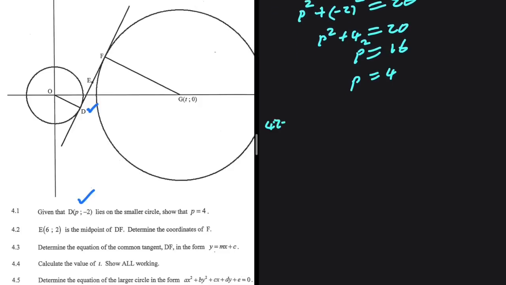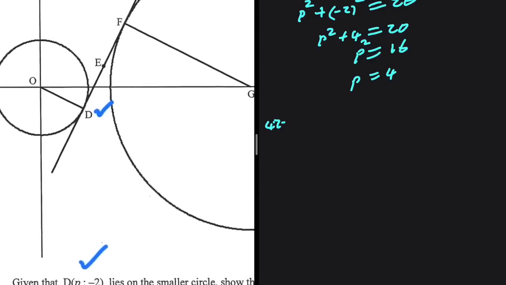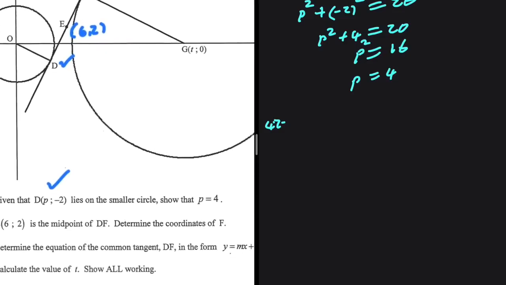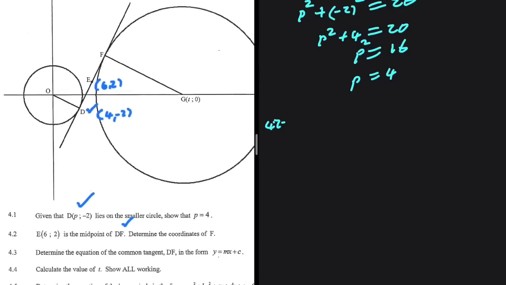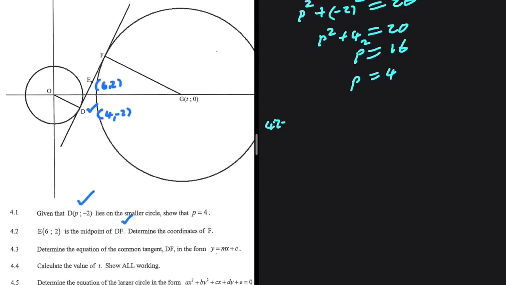Let's take a look at 4.2. We are told that E, with coordinates (6, 2), is the midpoint of DF. Determine the coordinates of F. We have the coordinates of D, (4, -2), and the coordinates of E, and we are looking for the coordinates of F. E is the midpoint of DF.